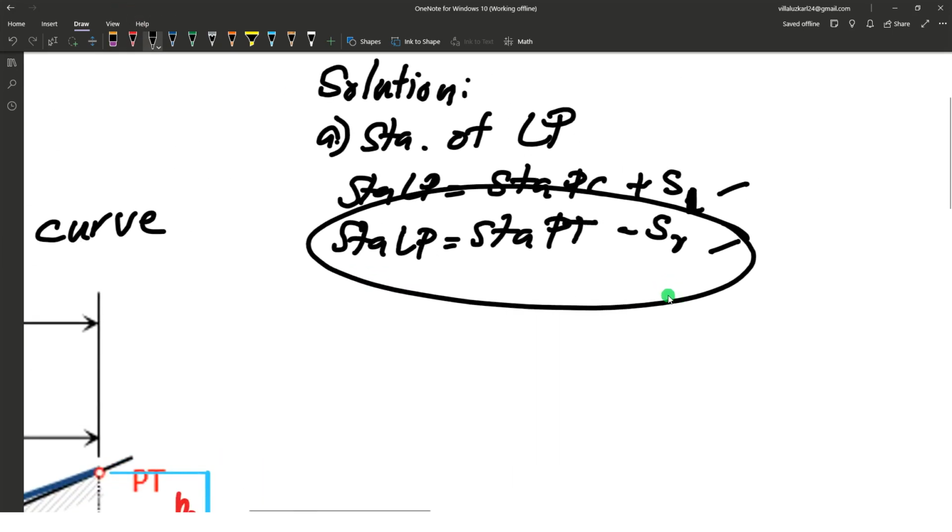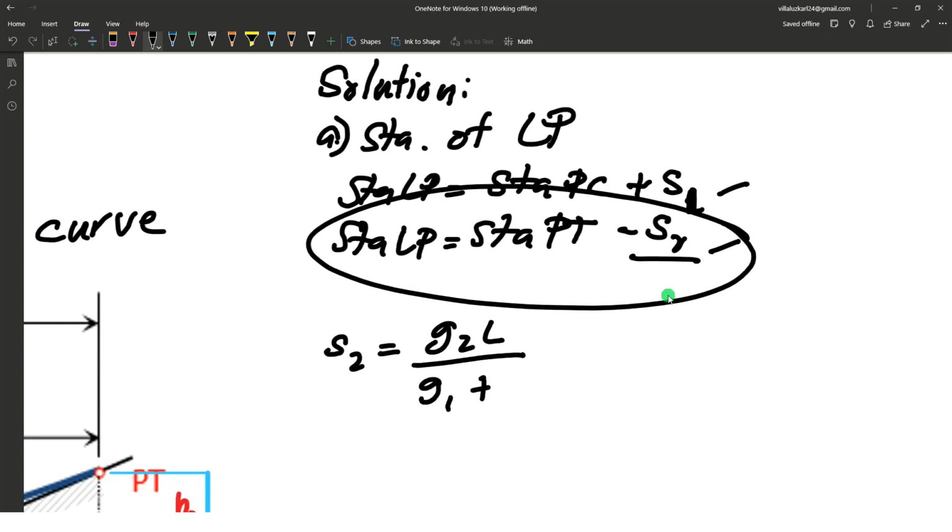The formula is, we determine first S2. S2 is equal to G2 L over G1 plus G2. Take the absolute value of the grades.